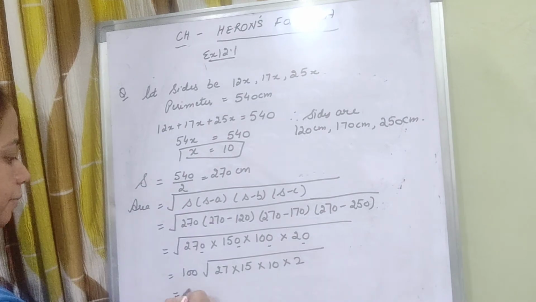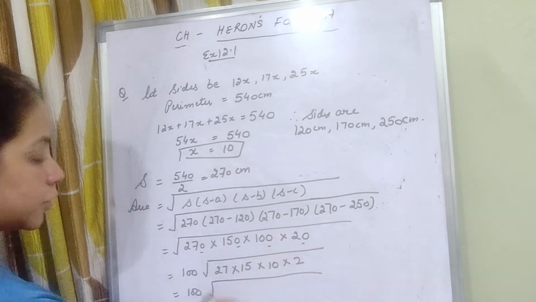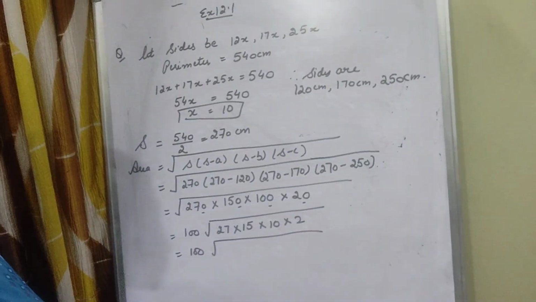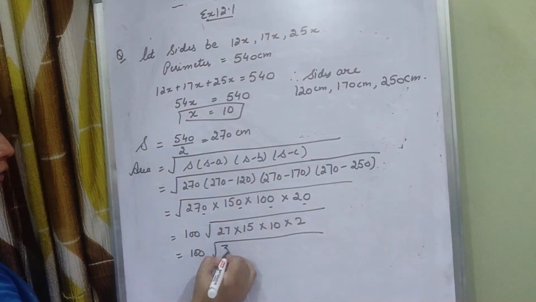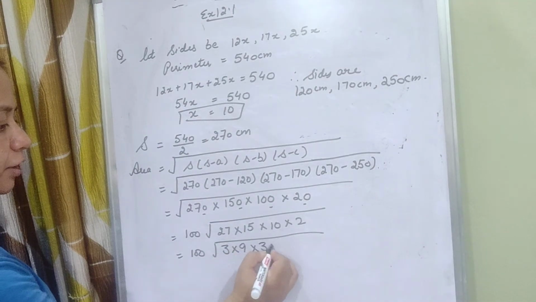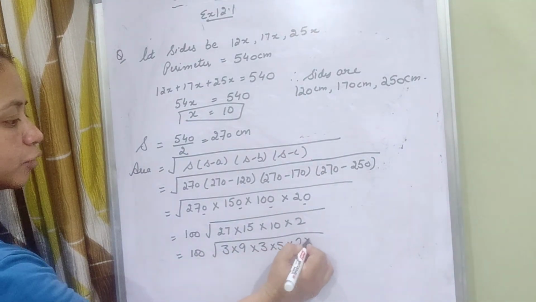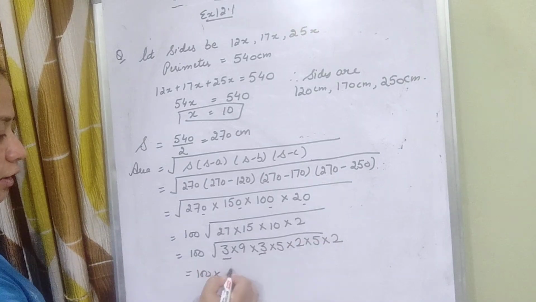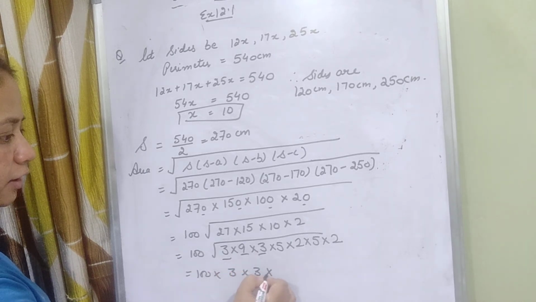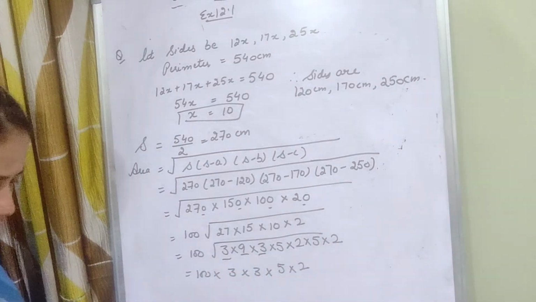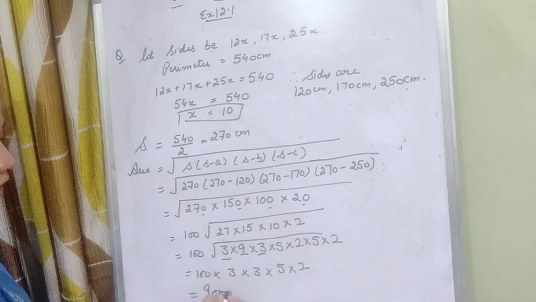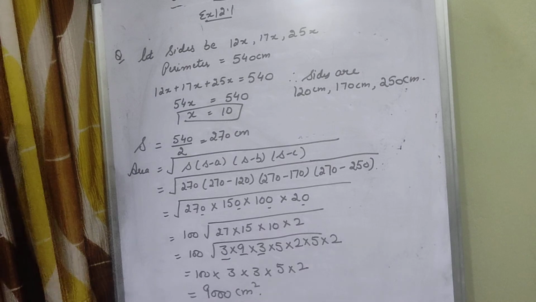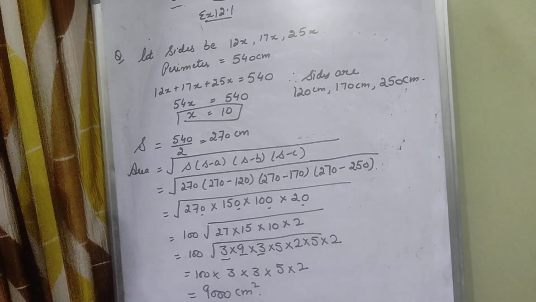Now again make the prime factors of these numbers. 27 means 3 into 9, then 15 is 3 into 5, then 10 is 2 into 5 into 2. So 100, 3 from the 9 comes out, then 5 and 2. So your answer is 9000 square centimeter. Clear? Now the next question we will do in the next video.